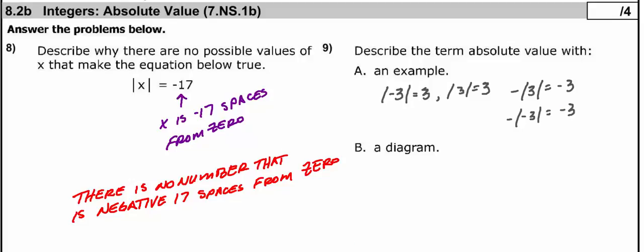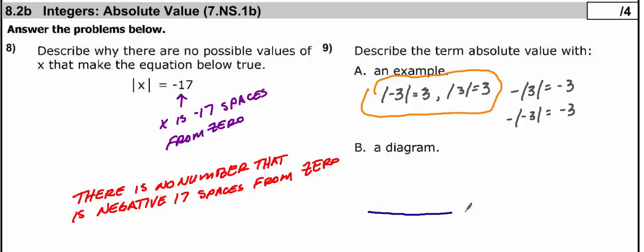But you need to have at least this much. If you only have this first one, then somebody could mistakenly think, oh, absolute value just makes numbers their opposites. You put a negative 3 in, you get a 3. I bet if you put a 3 in, you get a negative 3. You have to give them more information so they don't make that mistake.